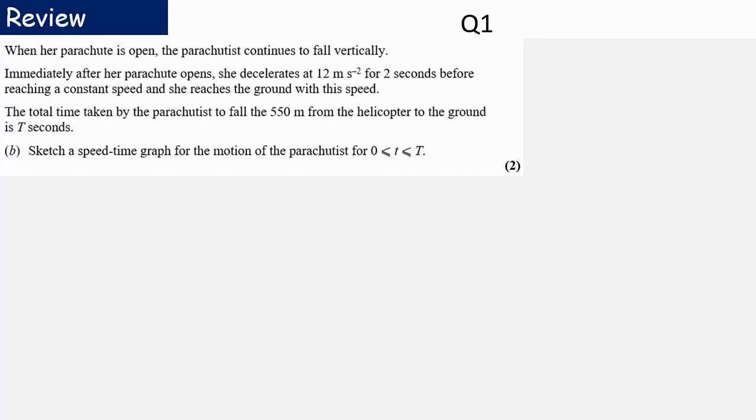The total time taken by the parachutist to fall 550 meters from the helicopter to the ground is t seconds. Sketch a graph for this one. So we're looking at a velocity time graph. So nothing else. Get 2 axes that deal with that.